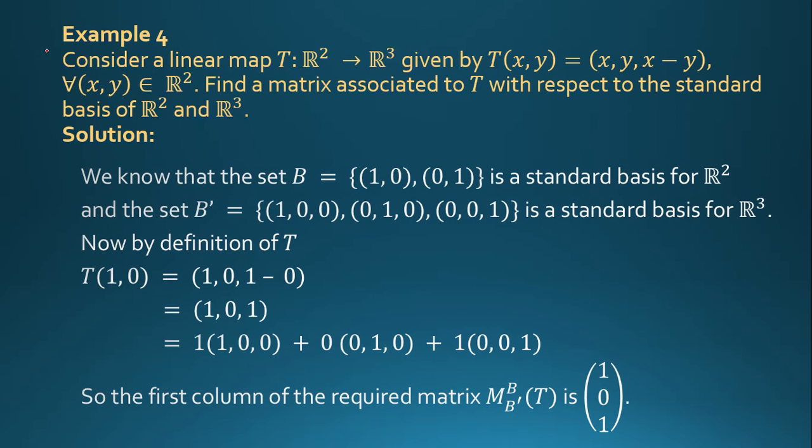Now see the example. Consider the linear map T from R2 to R3, with the definition T of (x, y) is equal to (x, y, x minus y) for every (x, y) belonging to R2.